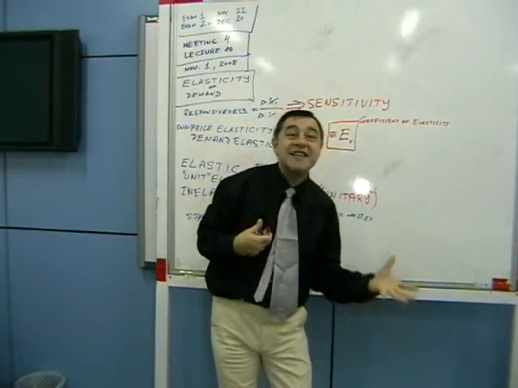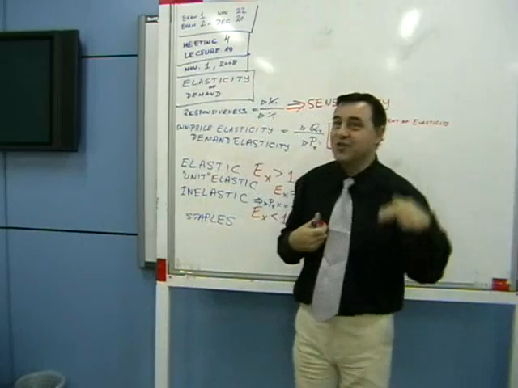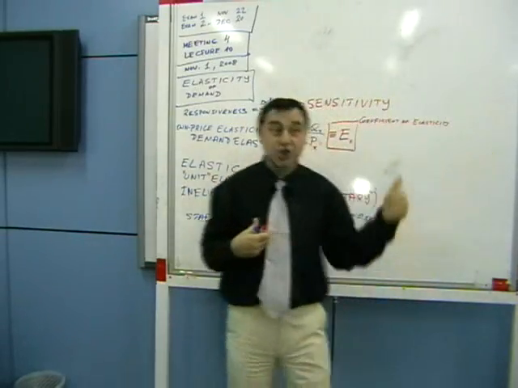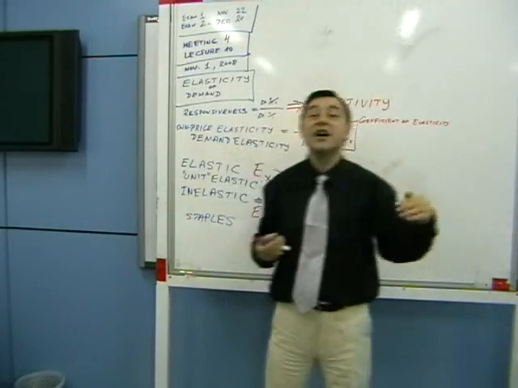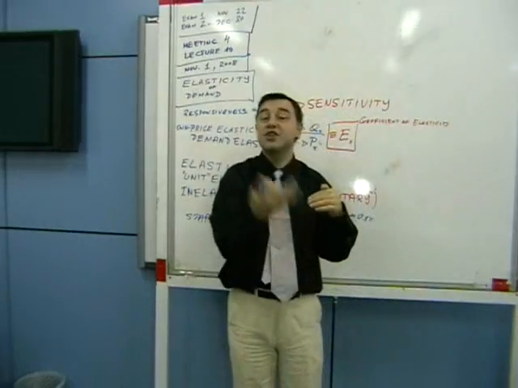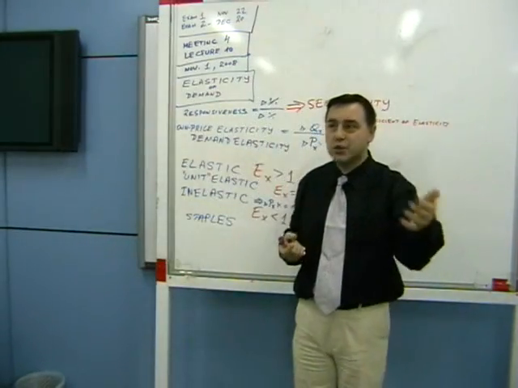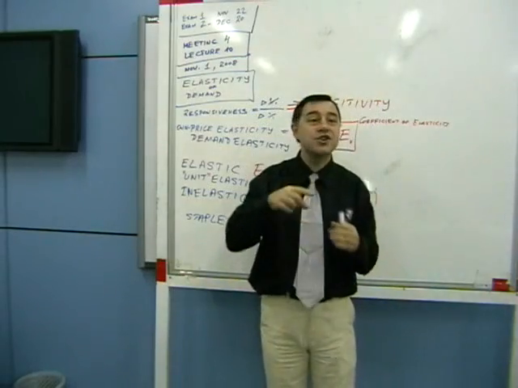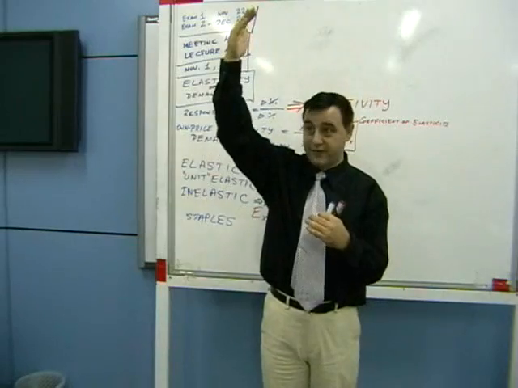OPEC wants to raise as much as possible the price of oil, but not so high as to make demand elastic. In other words, you don't want them to begin switching out of oil, all right? Well, why would they switch out of oil if the price is too high? Well, because it pays off to switch.